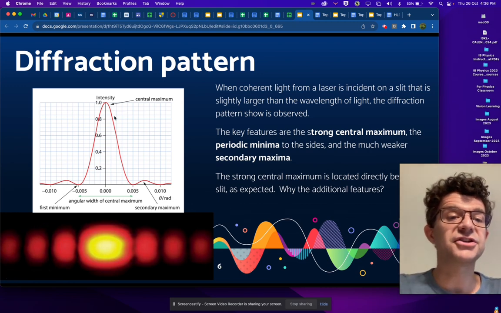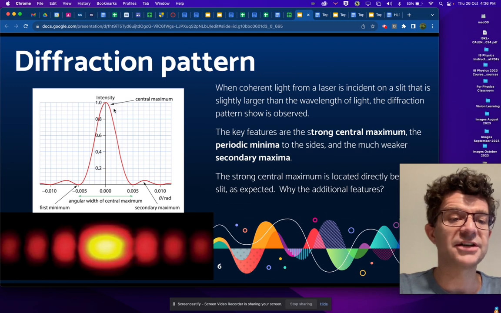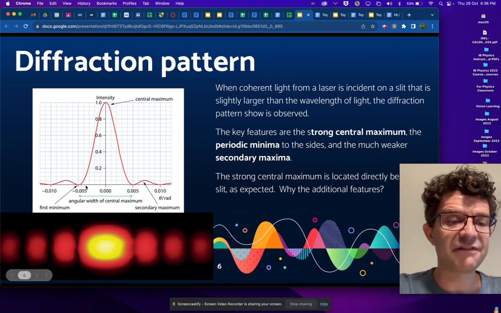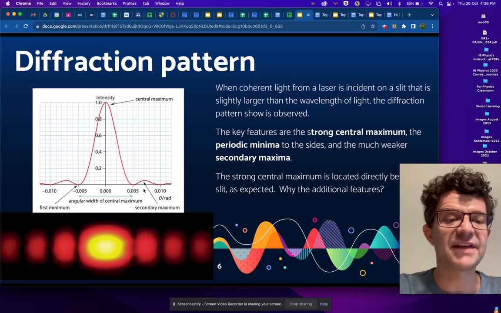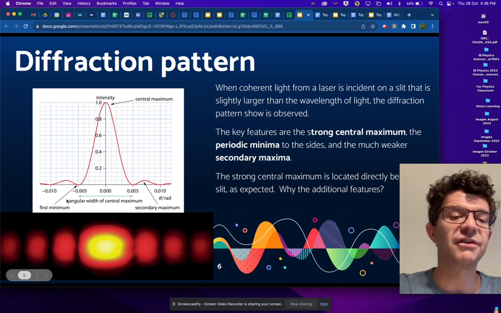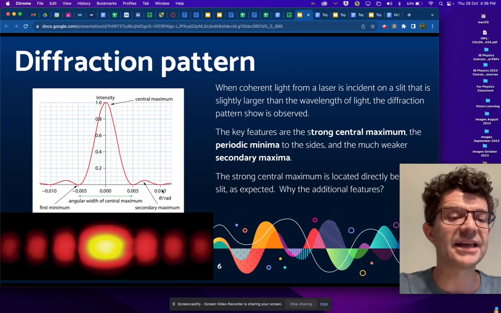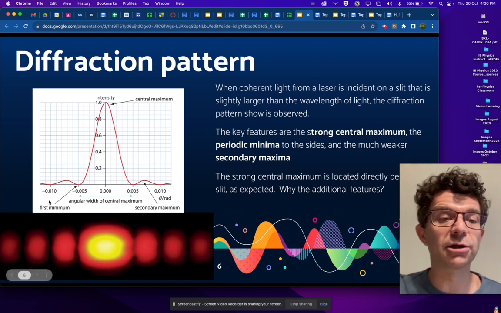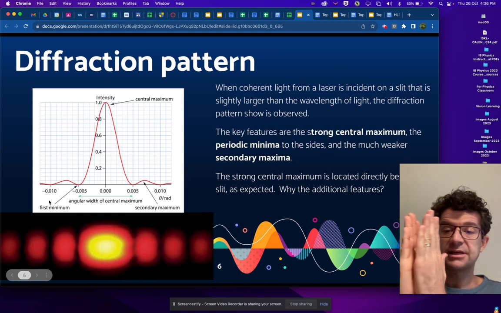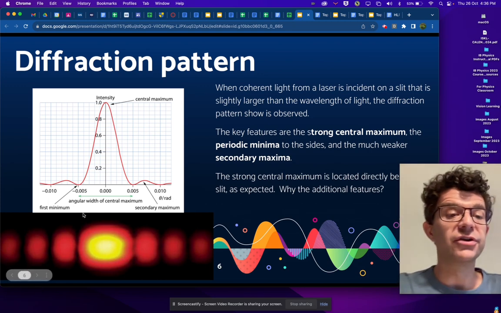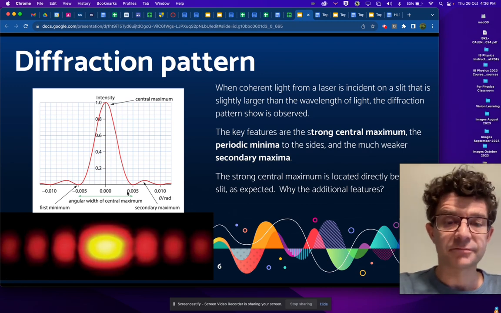And the key features are that we have this very large central maxima, and then here the units give us 5 thousandths, 10 thousandths of a radian to the location of the first and second minima. These will be equally spaced angularly.